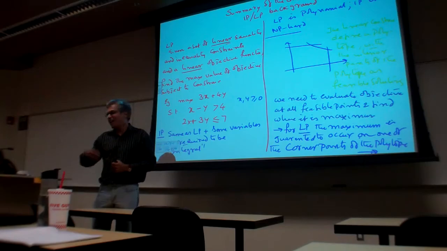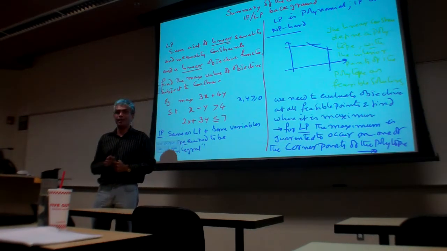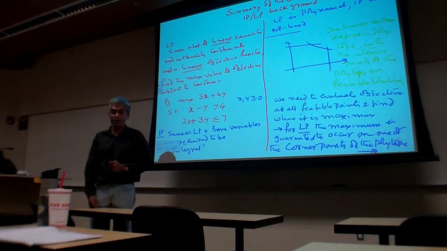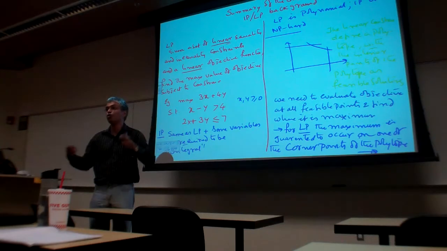And so saying I have a really good solution for 3.78 pilots is not going to help. Now, 3.78 is kind of close to either 4 on one side or 3 on the other side. Maybe those two would be the optimal solutions.